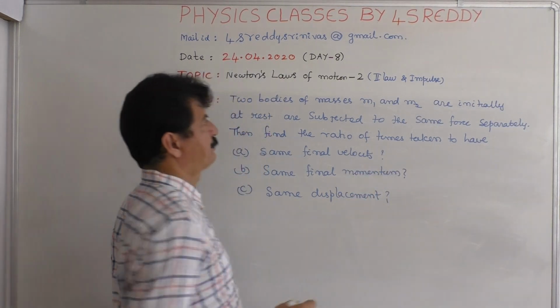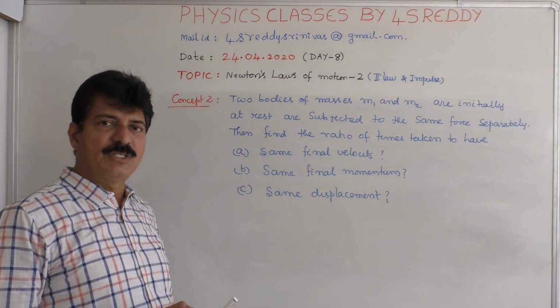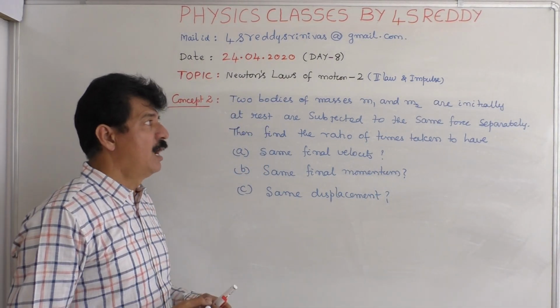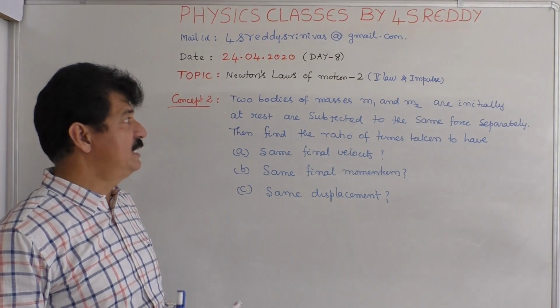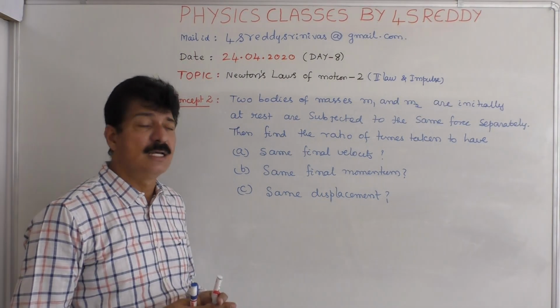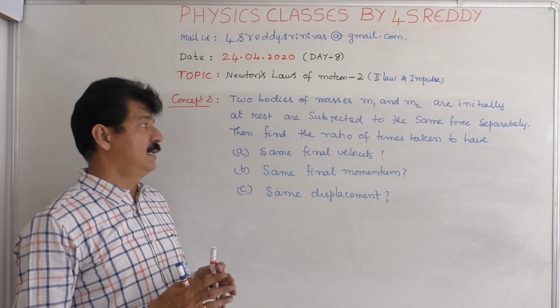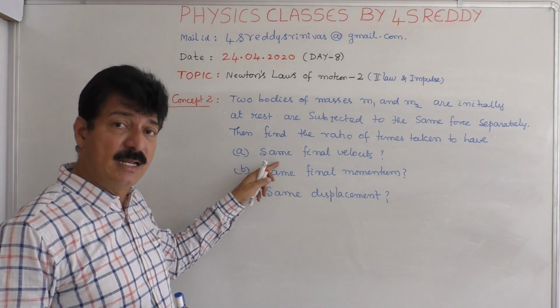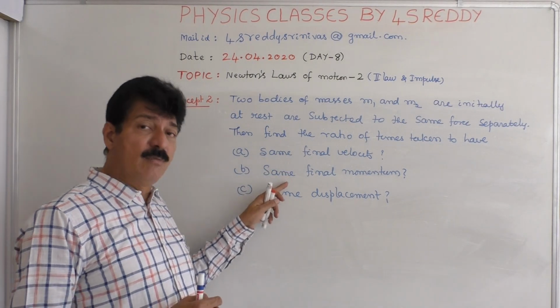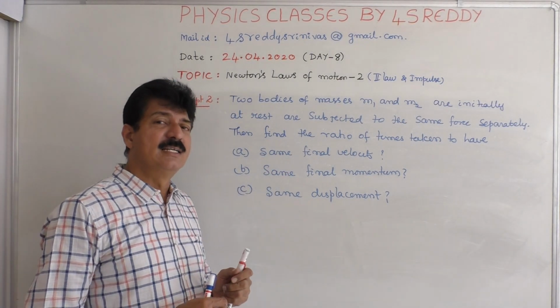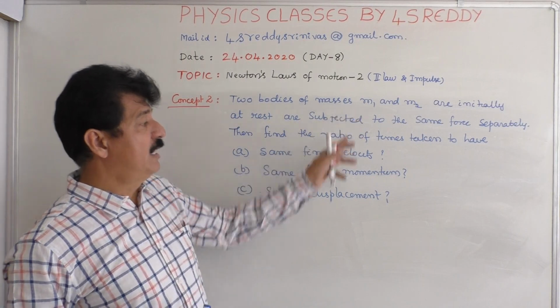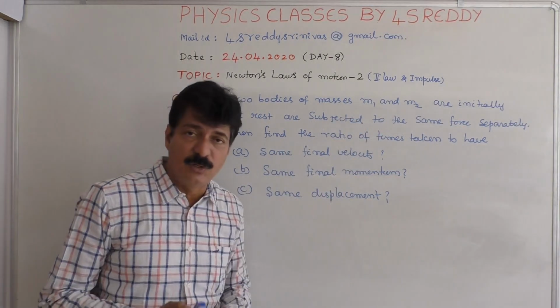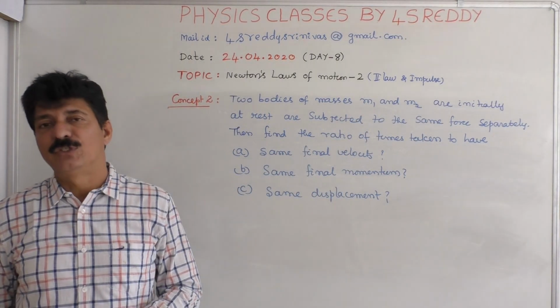This is the question you are given. Because here we have to find all these quantities in terms of known quantities m1 and m2.